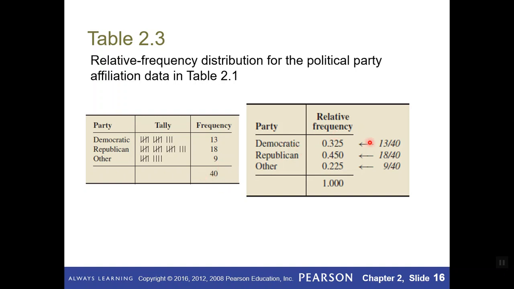So divide each frequency by 40. 13 divided by 40 is 0.325. 18 divided by 40 is 0.45. 9 divided by 40 is 0.225. Then when you add these relative frequencies, the sum is 1. Always when you add relative frequencies, the sum is equal to 1.